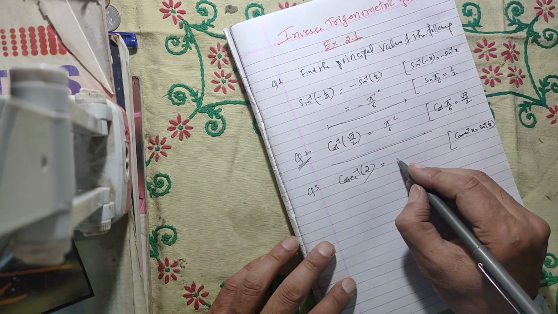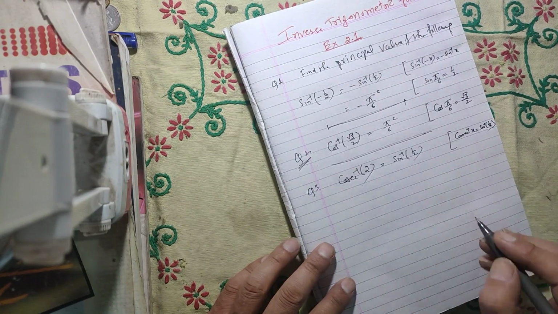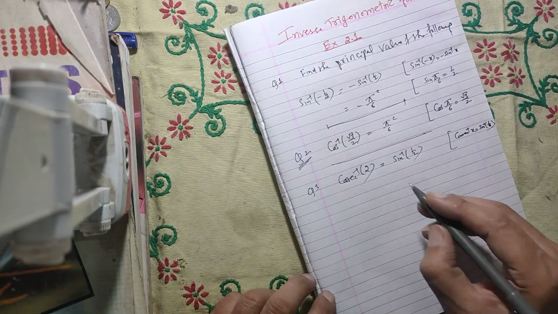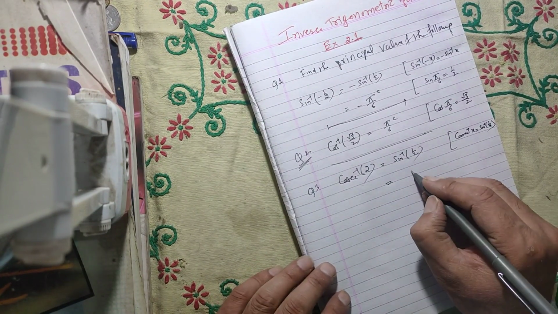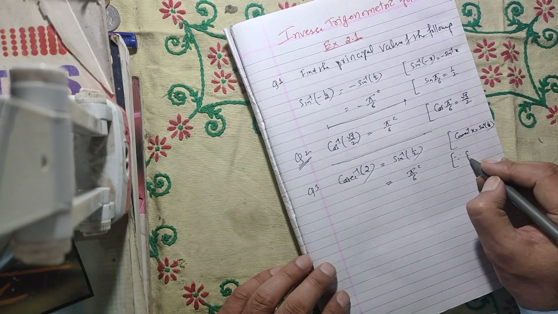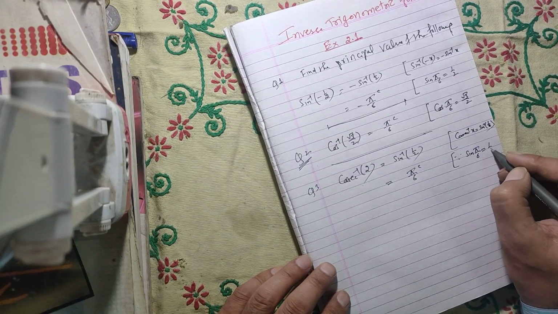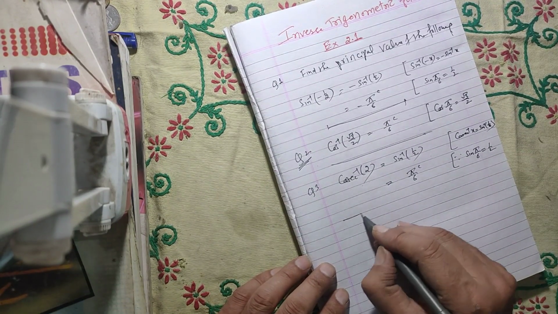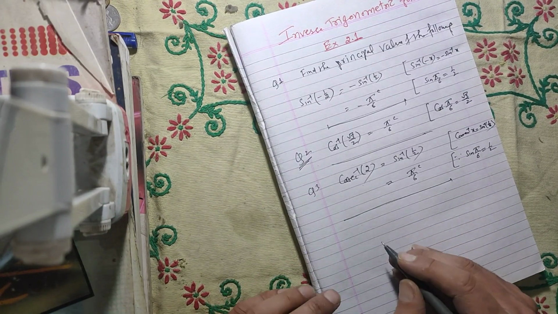Now you can say that it is sine inverse of 1 by 2. Now here again think of the angle whose sine is 1 by 2. You know that it is pi by 6 radian. Sine of pi by 6 is equal to 1 by 2. Is it clear?